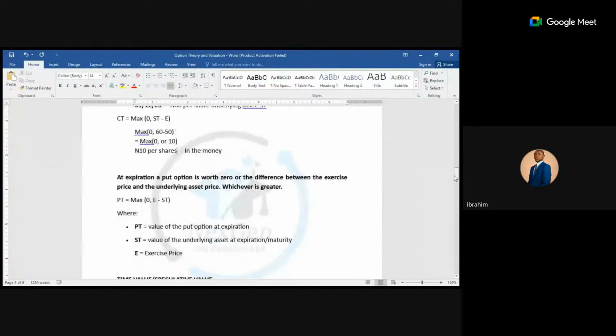Now, what will be the intrinsic value for a put option? Intrinsic value is the value of an option at the date of maturity. This rational investor is in the money.